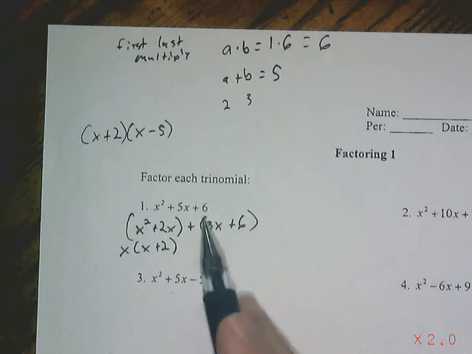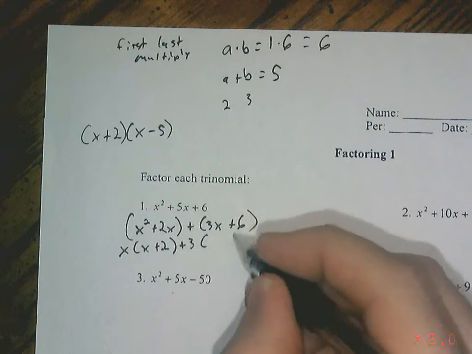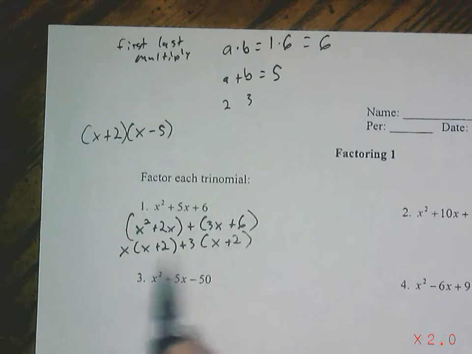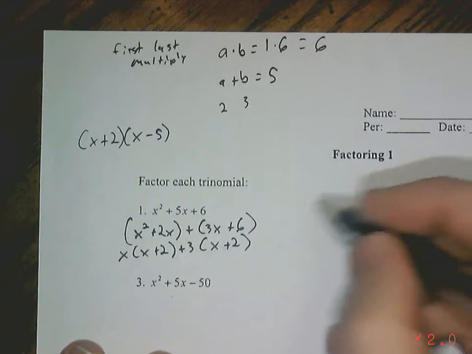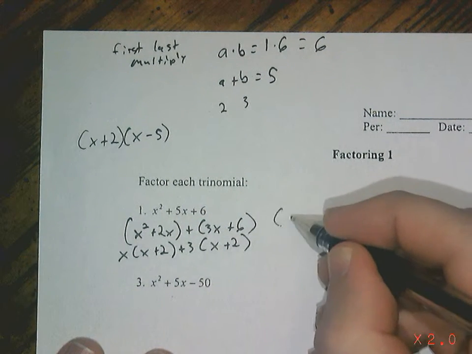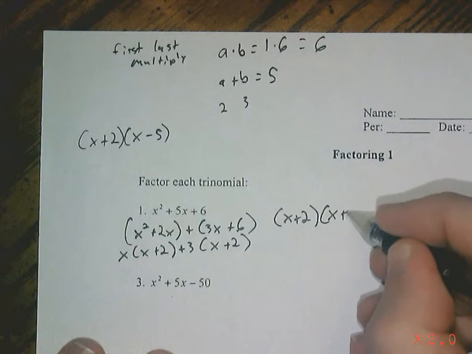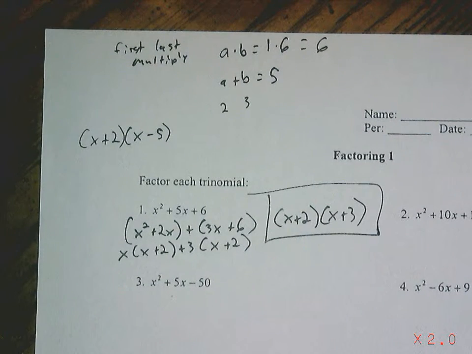And then in this one, the common factor would be a 3. So I take out the 3, so plus 3 times x plus 2. Now I have the same binomial. I'm going to factor that out in front, and I'm going to get x plus 2 multiplied with x plus 3. And that would be my final answer.